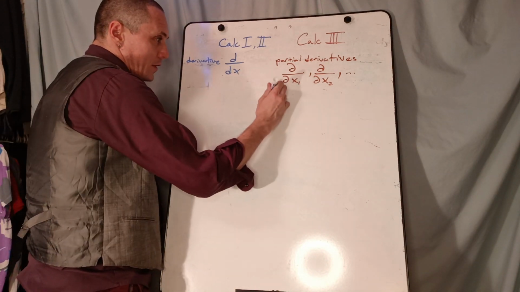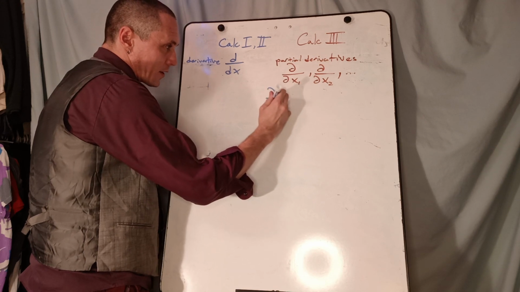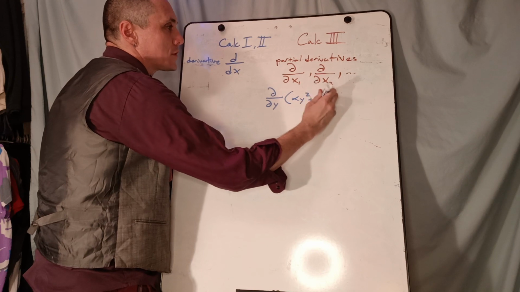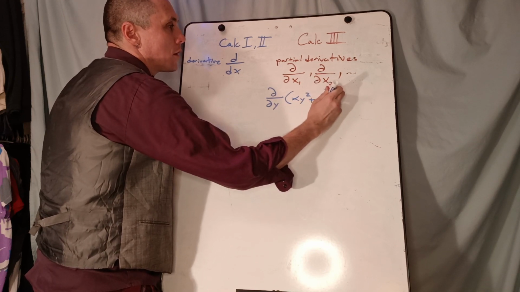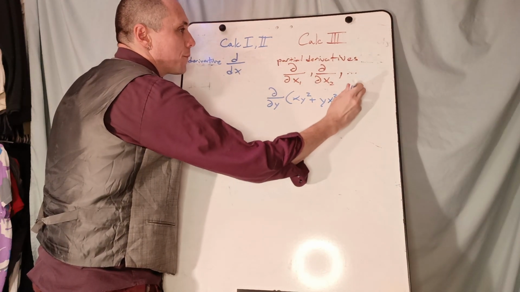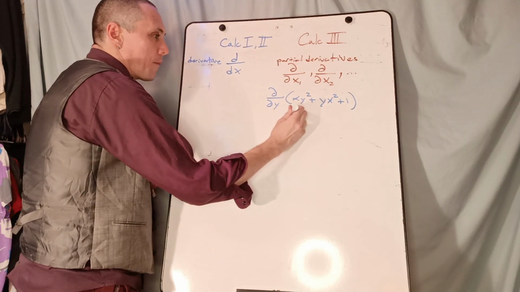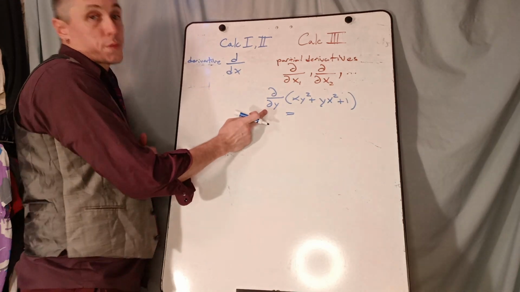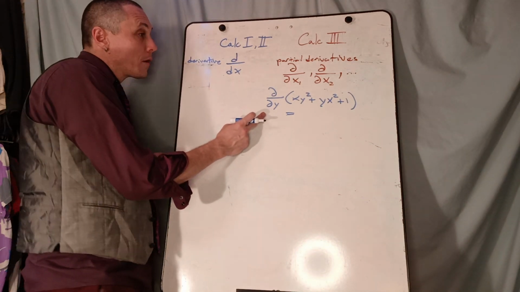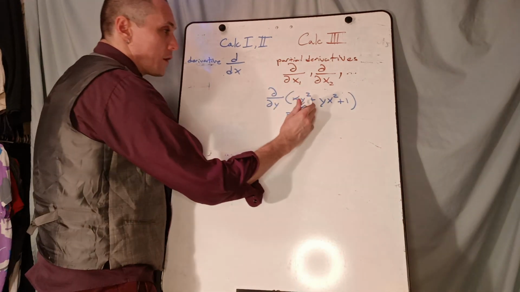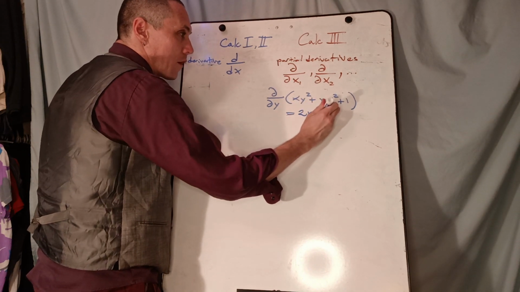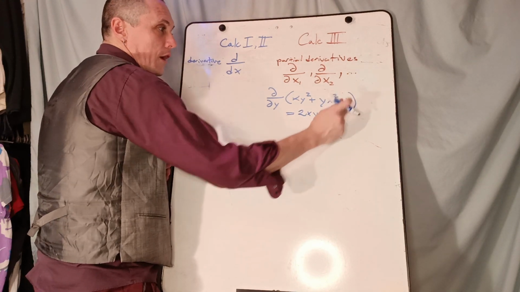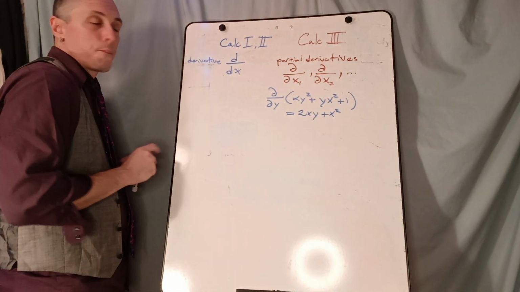So for example, let's say I was taking the derivative with respect to y of some expression, x y squared plus y x squared plus 1. All I do is pretend x is a constant, because I'm not taking the derivative with respect to x, I'm taking it with respect to y. So x gets frozen, and we just pretend like it comes along as a constant for the ride, and the constant 1, of course, goes to 0.